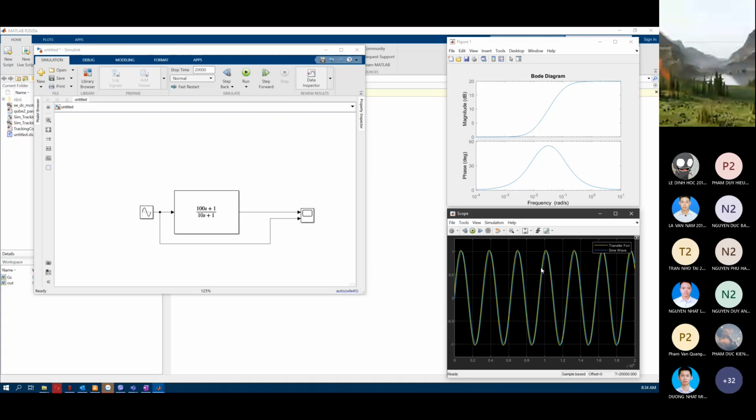Yes, and you can see that the frequency of both are almost the same.